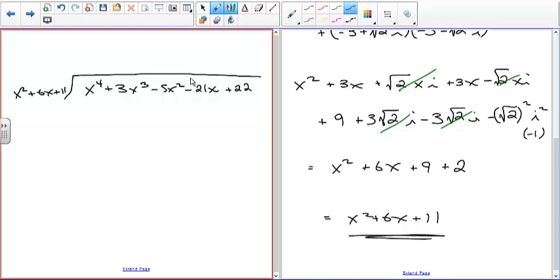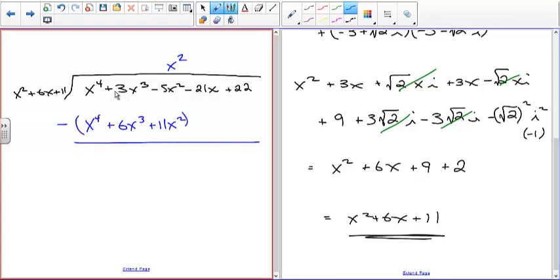Okay, what do we need to multiply x squared by to get x to the fourth? The answer is x squared. x squared times x squared is x to the fourth. x squared times 6x is 6x cubed, x squared times 11 is 11x squared. So subtracting that, these go to 0.